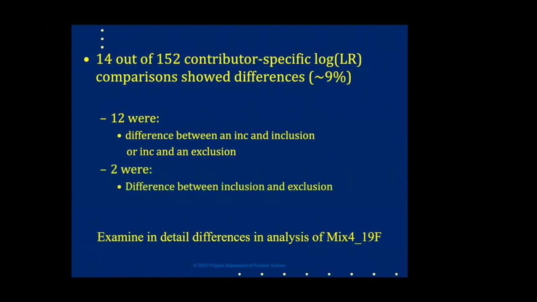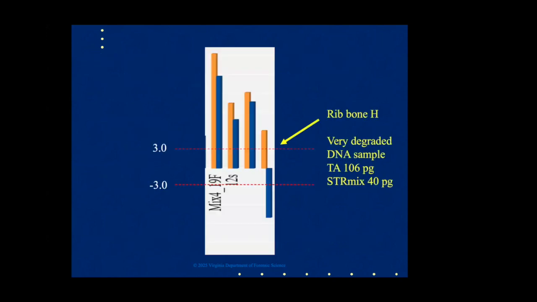So we're going to examine in detail differences in the analysis of mix 419F. But first, I want to show you some other data that's of interest. Before that, I wanted just to point out a couple things.